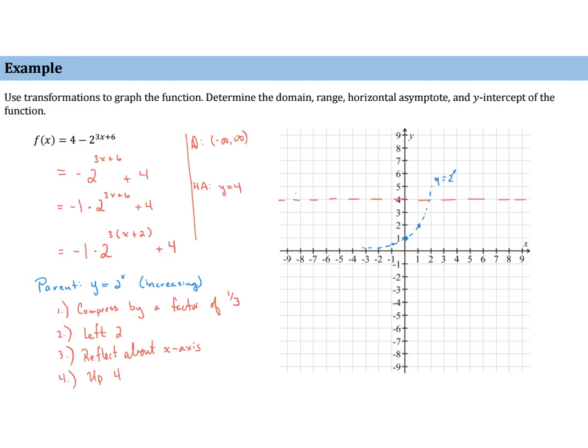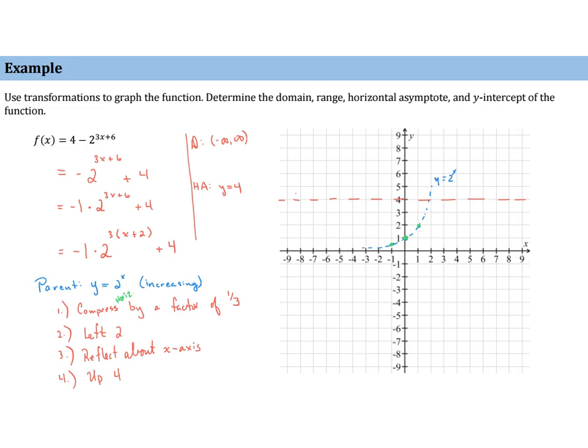Now let's think about our key points. We had these 3 key points. So instead of the point 0, 1, we'll compress that horizontally, and I did not say that. That needs to say horizontal. Compress horizontal by a factor of 1/3.